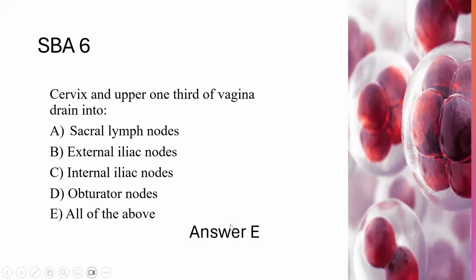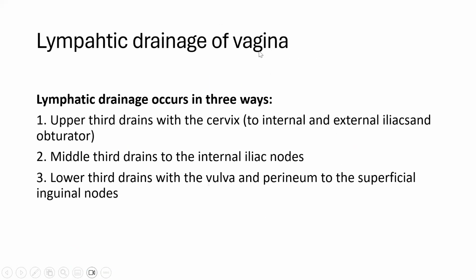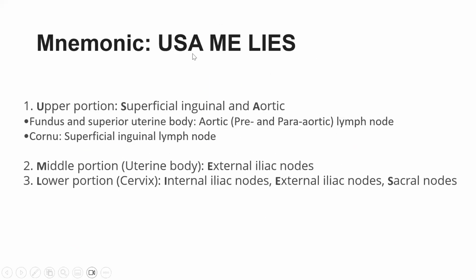Okay, so let's see. This is how the drainage is. And these are the external iliac, superficial inguinal, sacral, internal iliac, all these. To remember, there is an easy mnemonic: USA, me, lies.